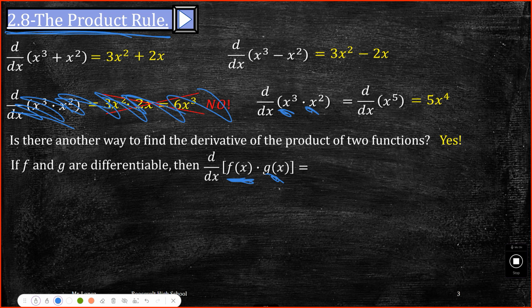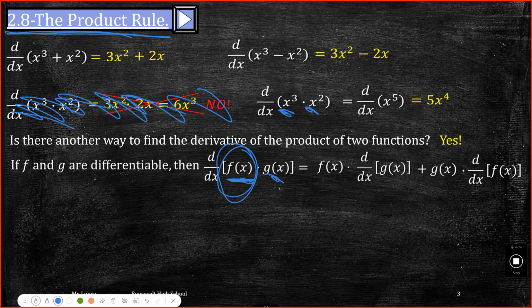The way it goes like this. The first times the derivative of the second. The first, leave it alone, the first times the derivative of the second plus the second times the derivative of the first.